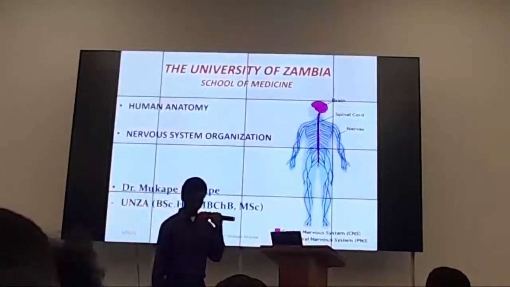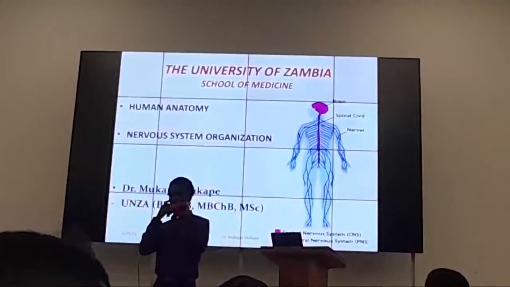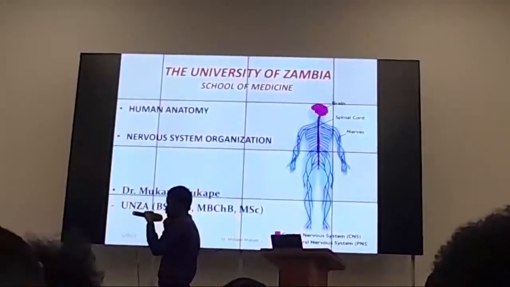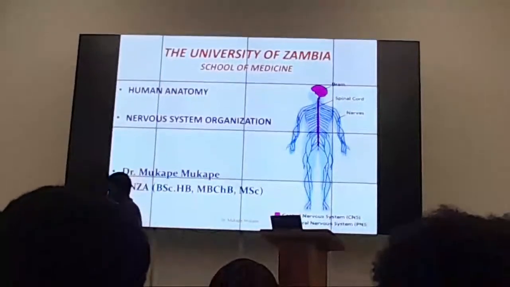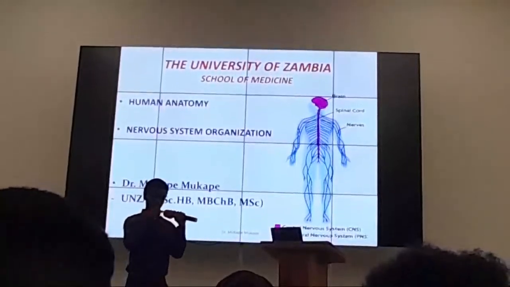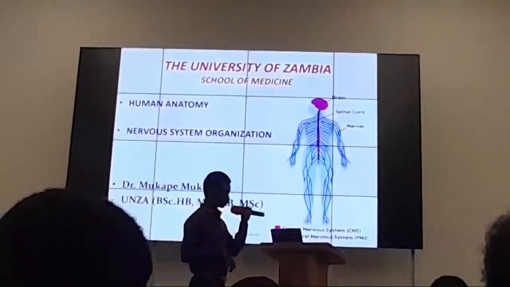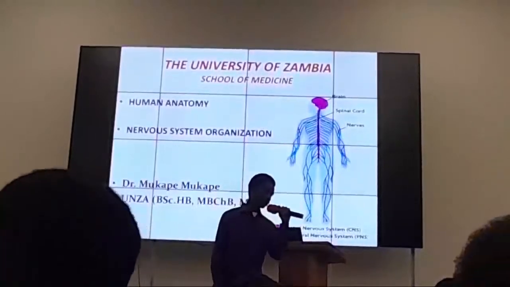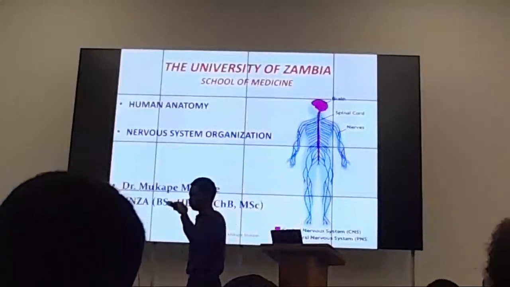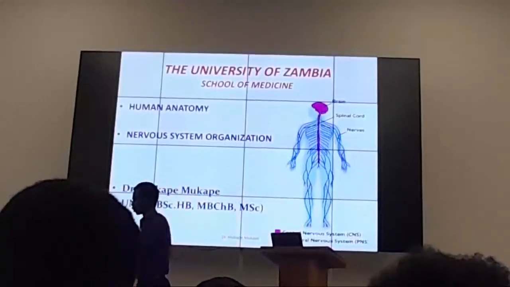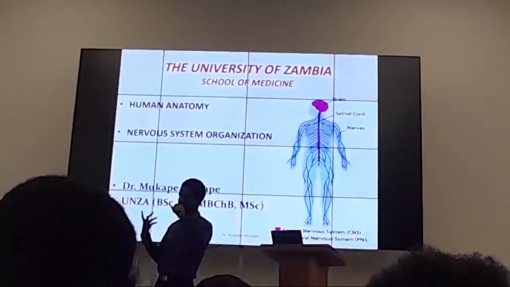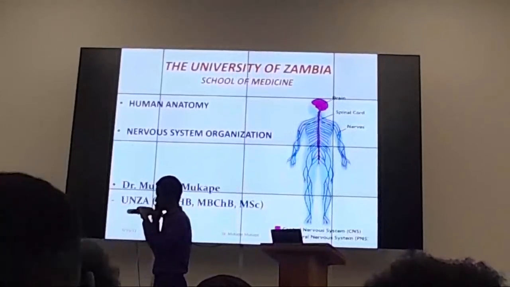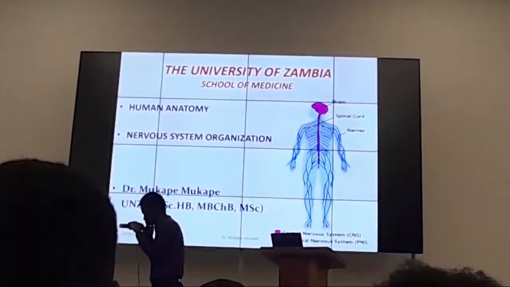Now this autonomic system, we can further subclassify it. What are the subdivisions? Parasympathetic versus sympathetic nervous system.